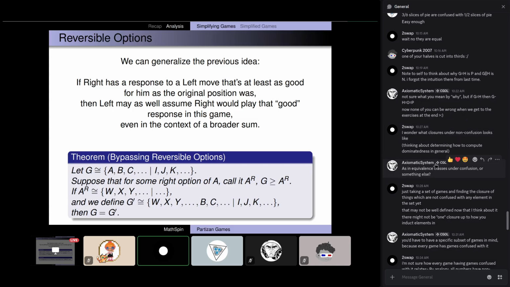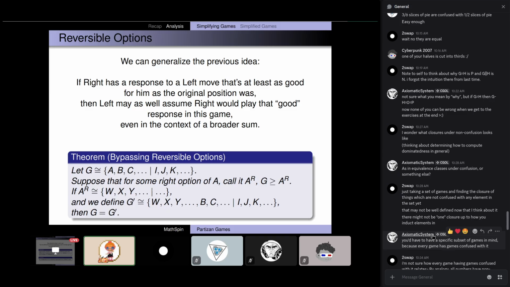But I think the answer is that's not even a well-defined thing in the first place, because if I remember correctly, last time you mentioned there's such a thing as a range of confusion, and you don't have transitivity, so you don't even get equivalence classes under non-confusion in the first place.